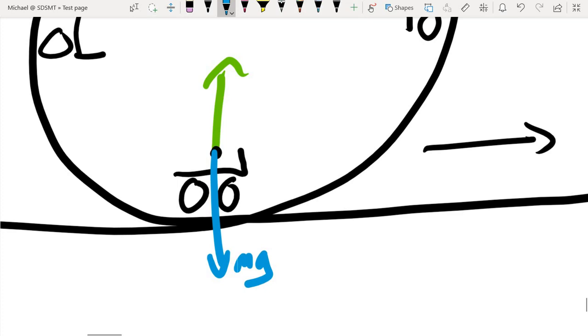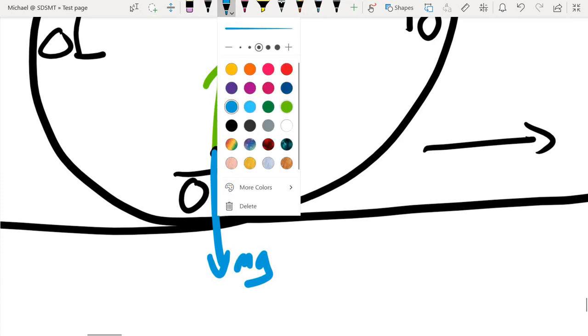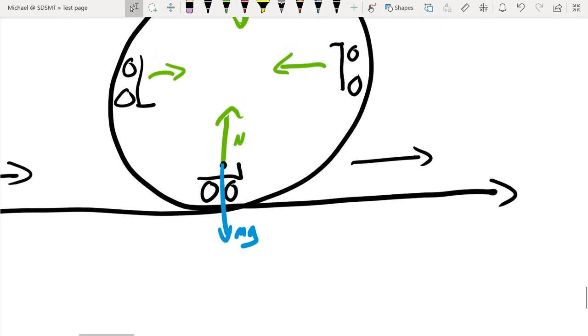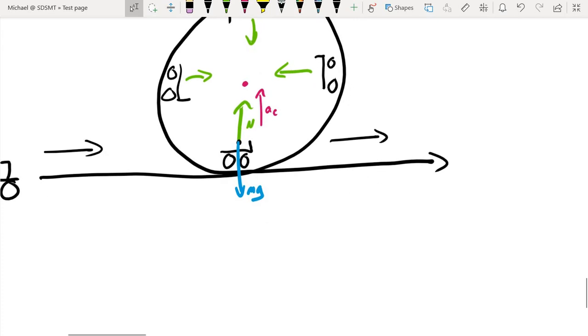And as your weight presses down on the track, the track has to push back on you with a normal force. And what we are looking for is a force or combination of forces that points towards the center of the circle to provide a centripetal acceleration.